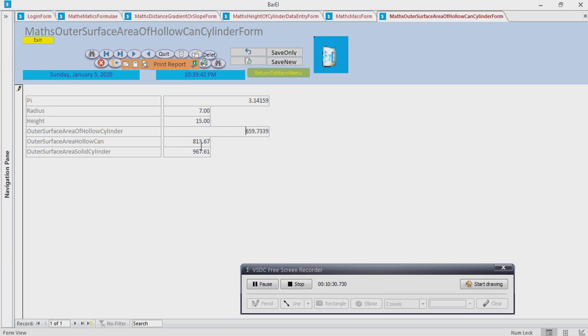Outer surface area of hollow cone is 813.27, outer surface area of solid cylinder is 967.61.